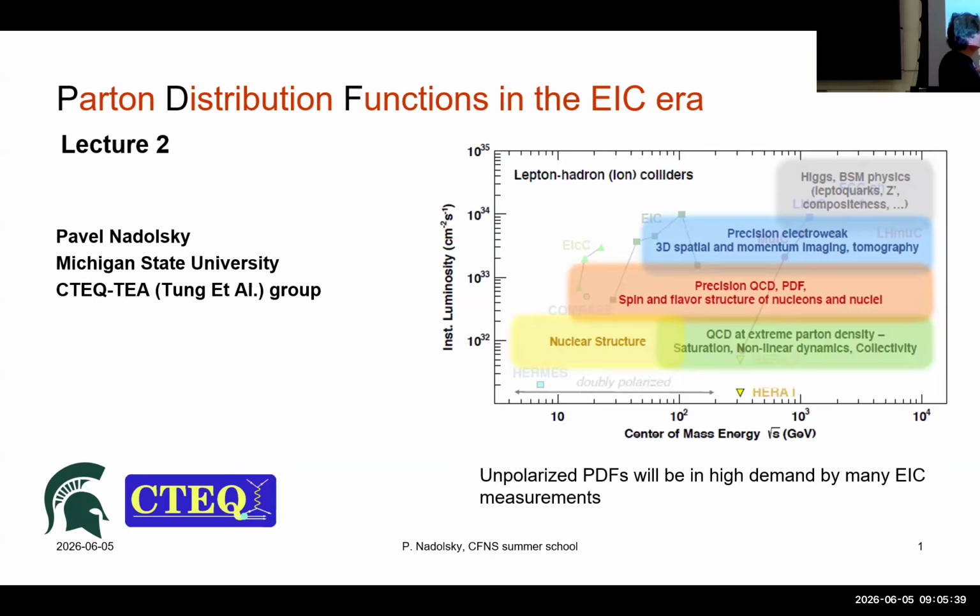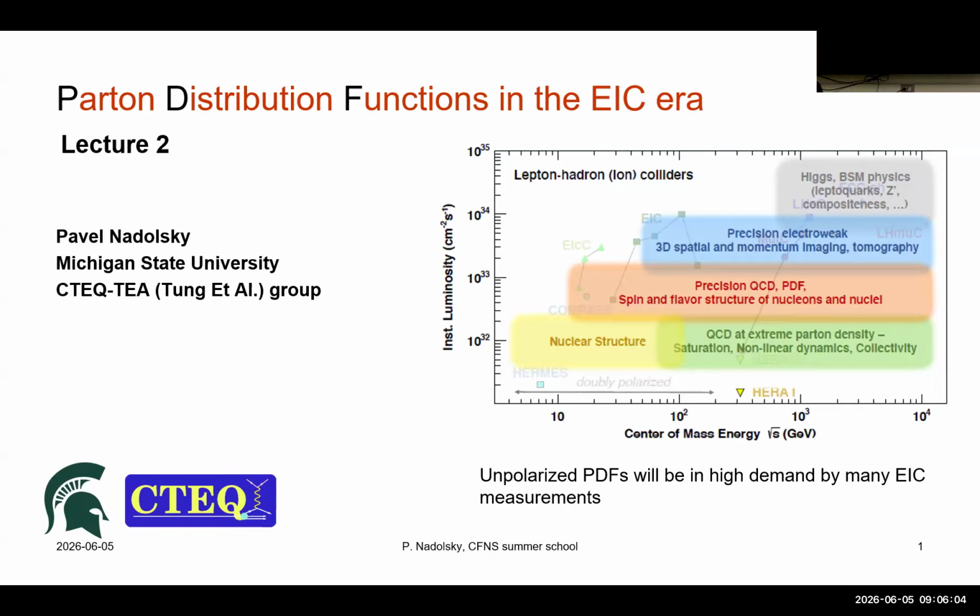But as time goes by, the measurements will become more and more precise. Roughly speaking, towards the end of the EIC runs, the precision will be high enough that we will have to deal with a variety of issues that we are currently trying to address in the context of LHC physics. At the LHC right now, we entered into the stage of precision QCD.